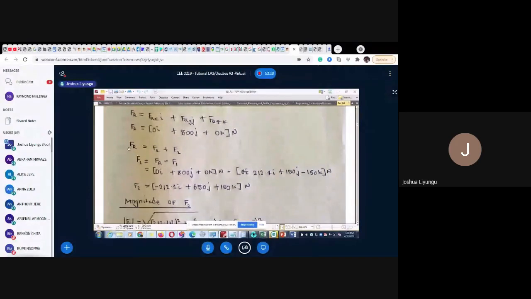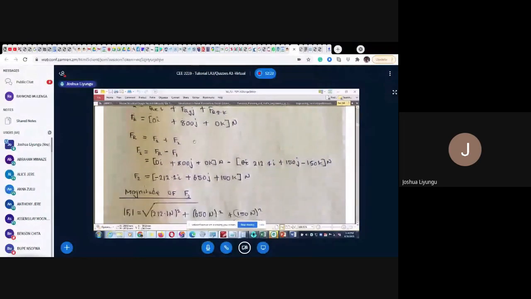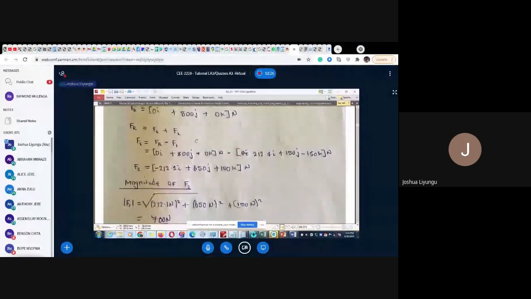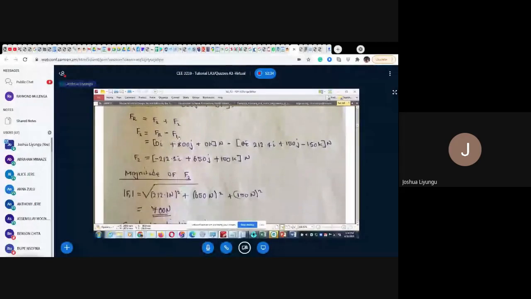We use our equation now. FR is equal to F1 plus F2. We know FR and we know F1. We don't know F2. This is how you get your F2. Very simple. How do you calculate this? Don't forget, we will be adding or subtracting the respective unit vectors.